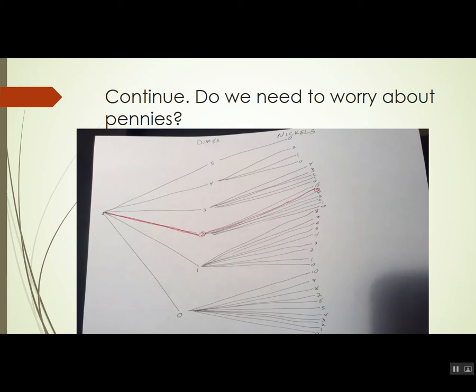So if 2 dimes and 5 nickels, what comes next has to be 5 pennies. So now if you count all of these nickel branches, you'll see that there are 36 total ways of making 50 cents using dimes, nickels, and pennies. We don't need to put the pennies in here because for each one of these, there's only one going off of it, determining how many pennies.